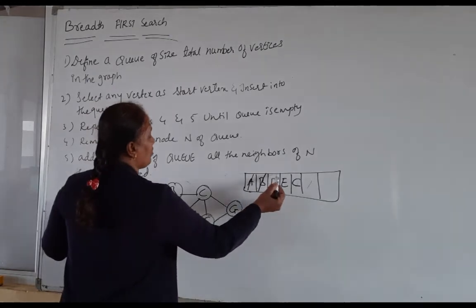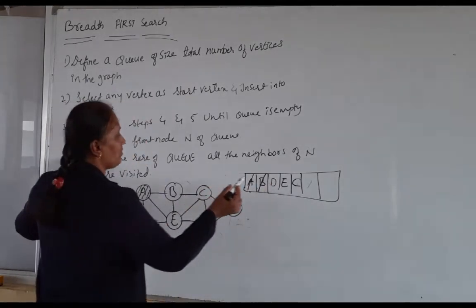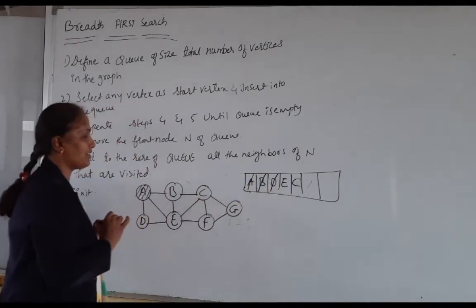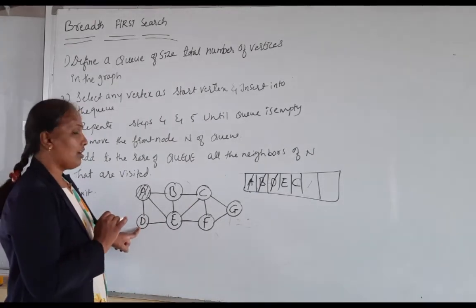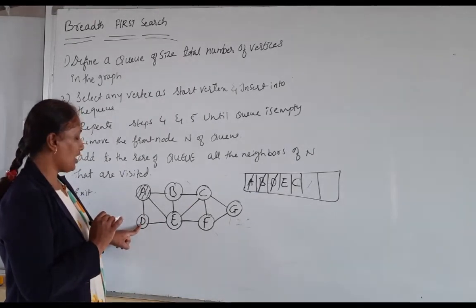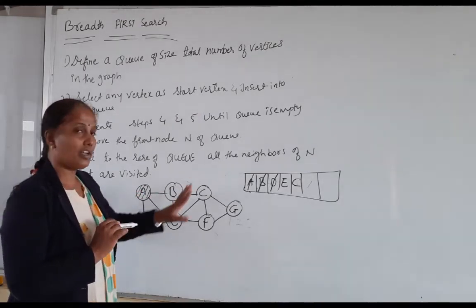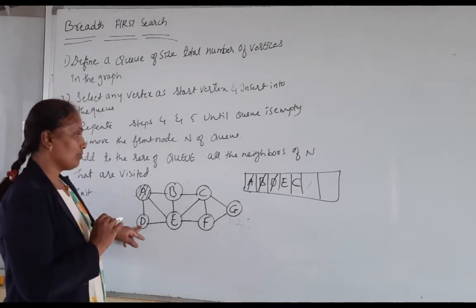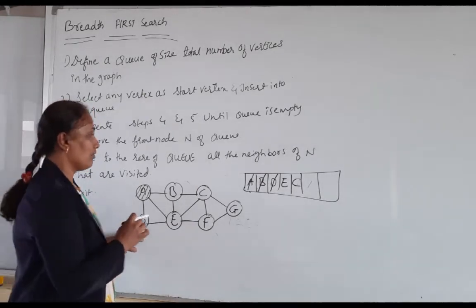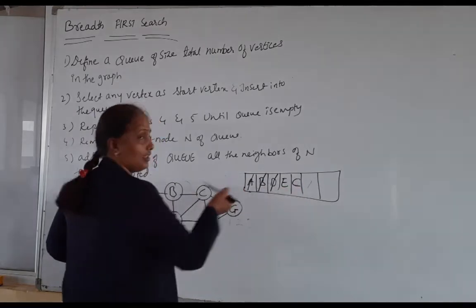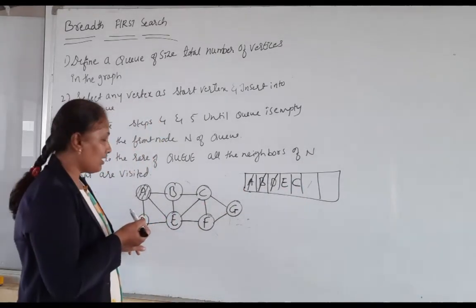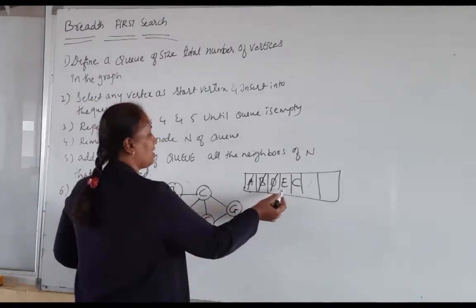Next, after that, what I am going to delete according to the fourth step is the front node of the queue, that is D. So after deleting this, I should add what? The neighbors of this D. What are the neighbors of this D? A and E. So A and E are already visited. Okay. So no neighbors are added in the queue from this D. Next, after that, E is there.